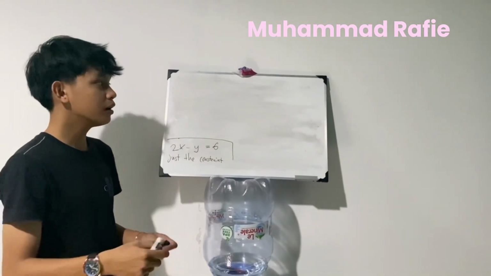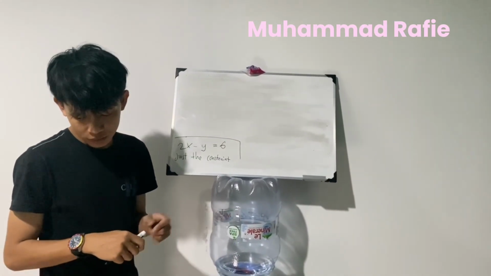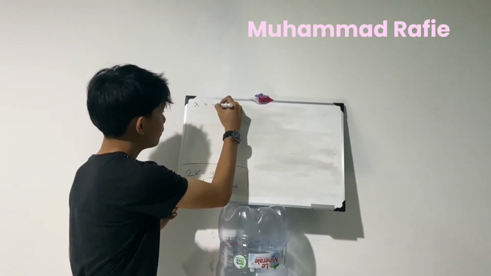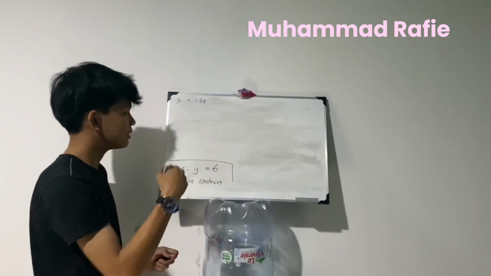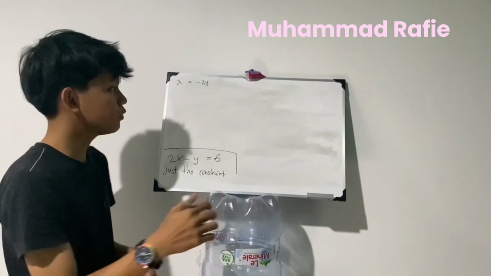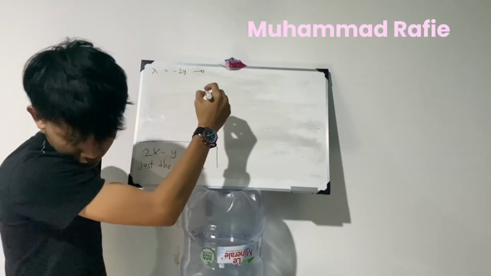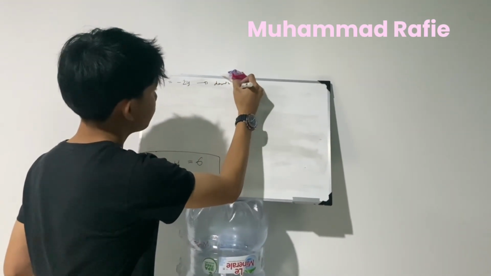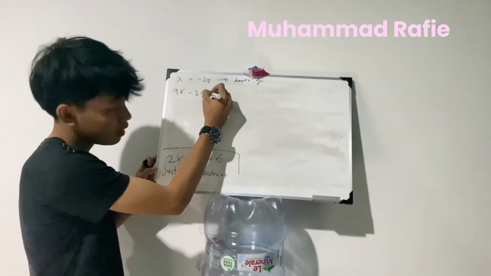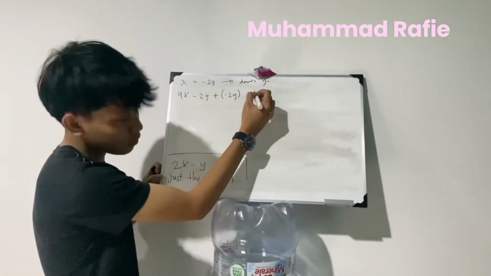On the next step, we solve the system of equations. We substitute the lambda we found earlier into the derivative for y. So 4x minus 2y plus lambda, which is 2y, equals 0.